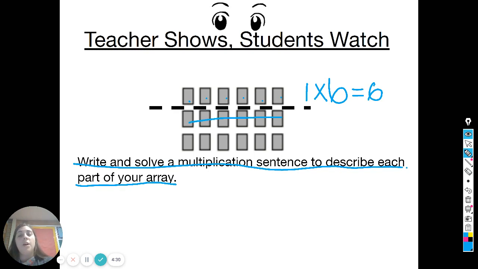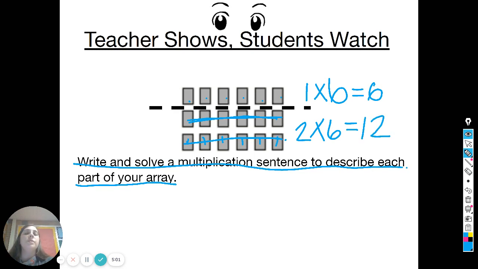Below that, I have 2 rows of 6, and now we have to figure out what that equals, okay? Well, I can count each of them, or I can skip count, okay? We haven't really skip counted by 6s, but we know that this row is 6, so I'm going to start at 6 and keep counting on. Ready? 6, 7, 8, 9, 10, 11, 12.